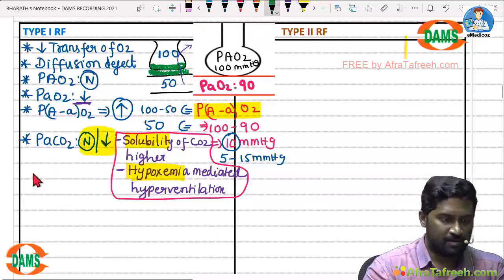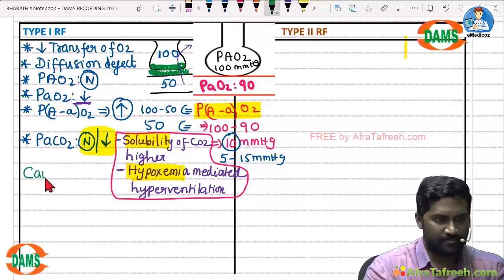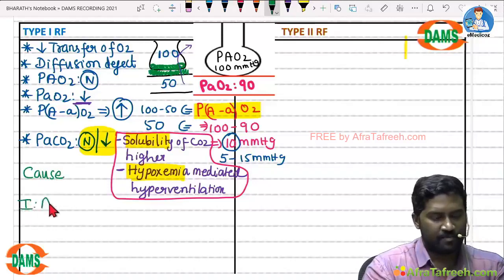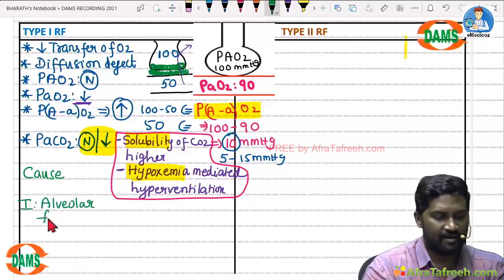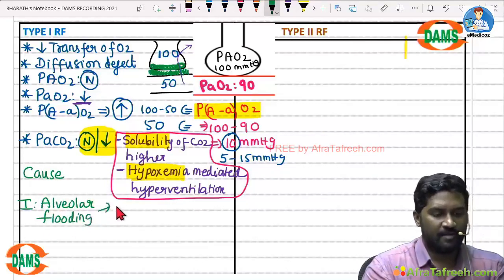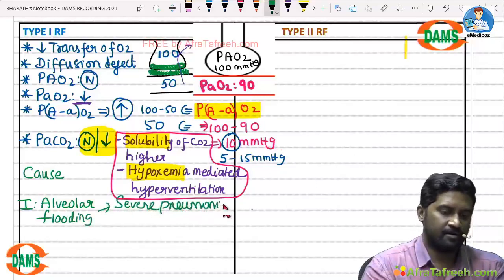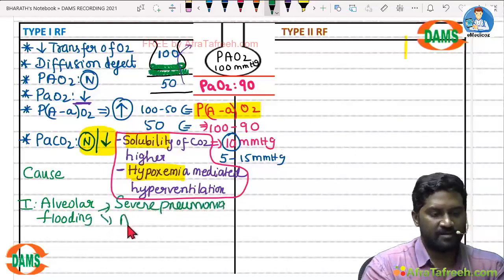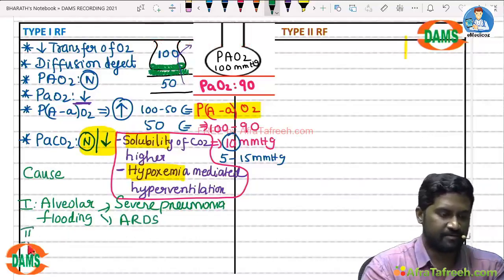Now what can be the causes of type 1 respiratory failure? First group, alveoli filled with secretions, alveolar flooding. This can be seen in severe pneumonia. And next condition is ARDS, acute respiratory distress syndrome.